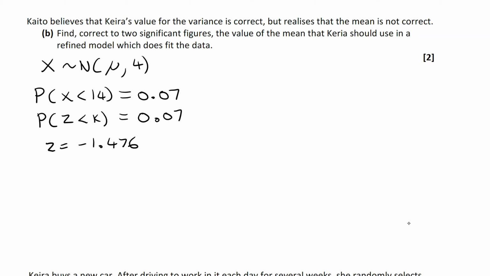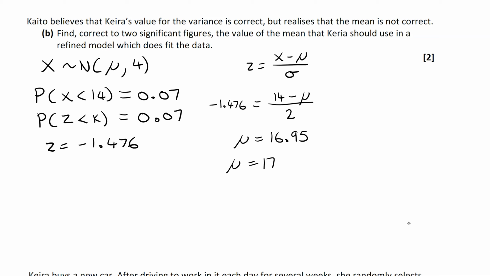So what I'll now do is use the formula z equals x minus mu over sigma, where x is the actual value of 14 that we're given in the question, mu is the mean which we're trying to find, the standard deviation is 2, and z is minus 1.476. When I rearrange this, I get mu as 16.95, and because I'm asked for two significant figures, I round that to 17.